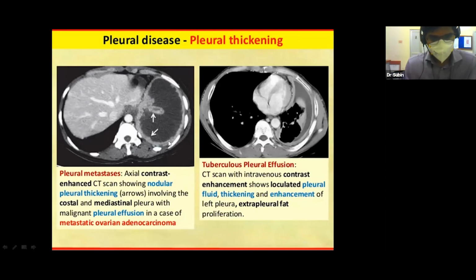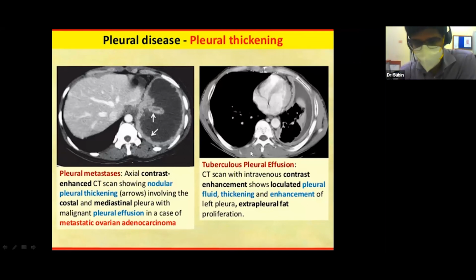In metastasis the thickening will be quite irregular, very thick and nodular in appearance. And involvement of the mediastinal pleura is a very significant sign that this could be malignant pleural thickening. If it is along the costal pleura, it is not as sinister as when the mediastinal pleura is involved.